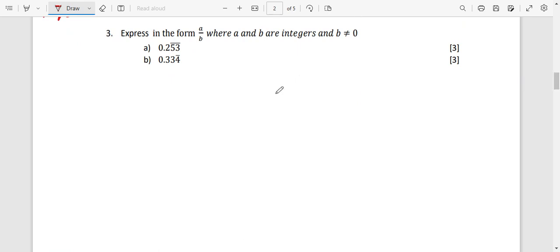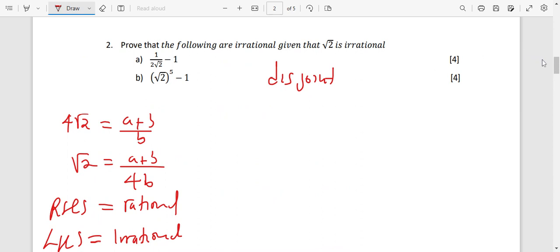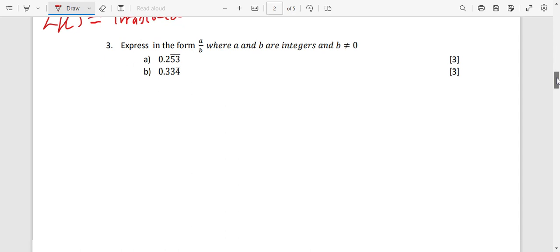So I think for this one we have already done. You can choose one that I should do, A or B, since we have already done something. Priska. Yeah, I have a question in that one. Suppose they give you maybe the square root of 2 plus square root of 5, how can you prove that it's irrational?